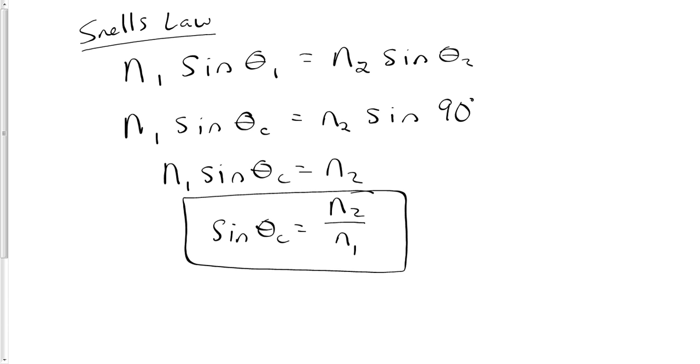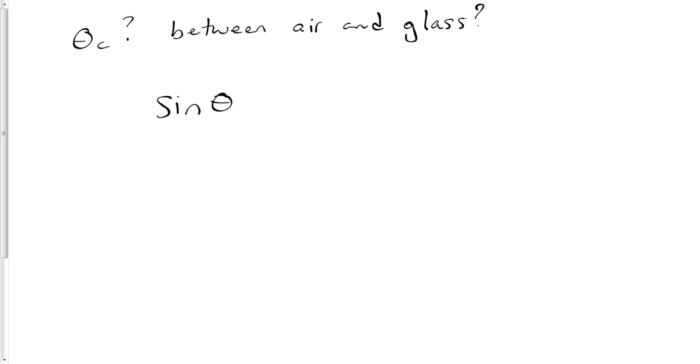So here's a sample calculation. What's theta C between air and glass? Sine theta c is n2 over n1.